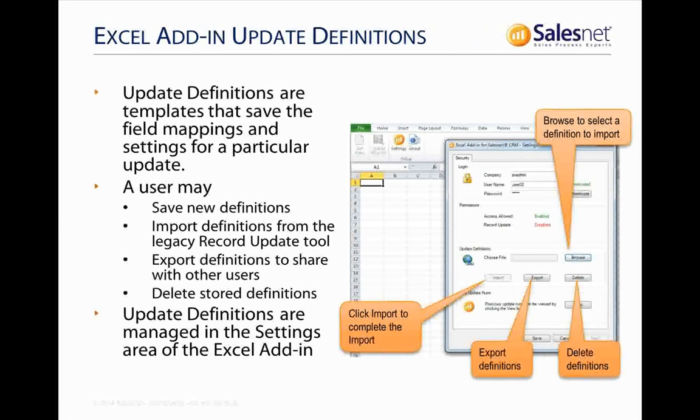So if, once a month, I update my monthly revenue for a given account or my year-to-date revenue, I can prepare that file according to a definition that I've saved, so I don't have to go through the mapping every time. As long as I know what my column headers should be, I can fix the file to fit that format, and I can choose the correct update definition, which should make the updates go faster.